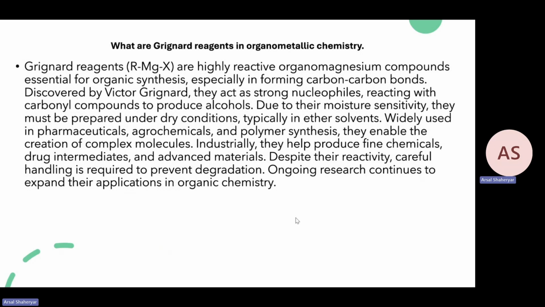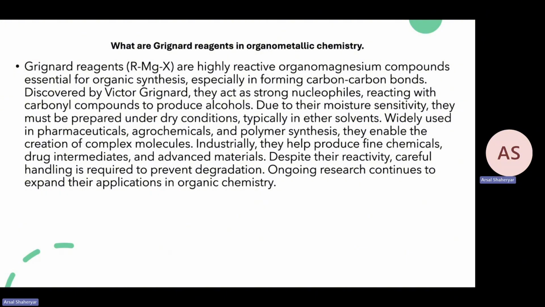Now, you may also be wondering, what are Grignard reagents in organometallic chemistry? Grignard reagents are highly reactive magnesium compounds, essential for organic synthesis, especially in forming carbon-carbon bonds. Discovered by Victor Grignard, they act as strong nucleophiles reacting with carbonyl compounds to produce alcohols.